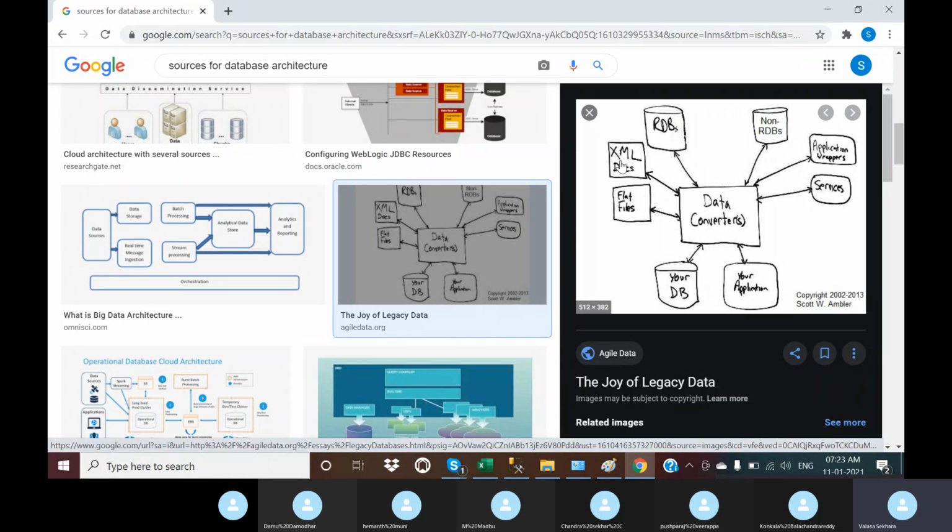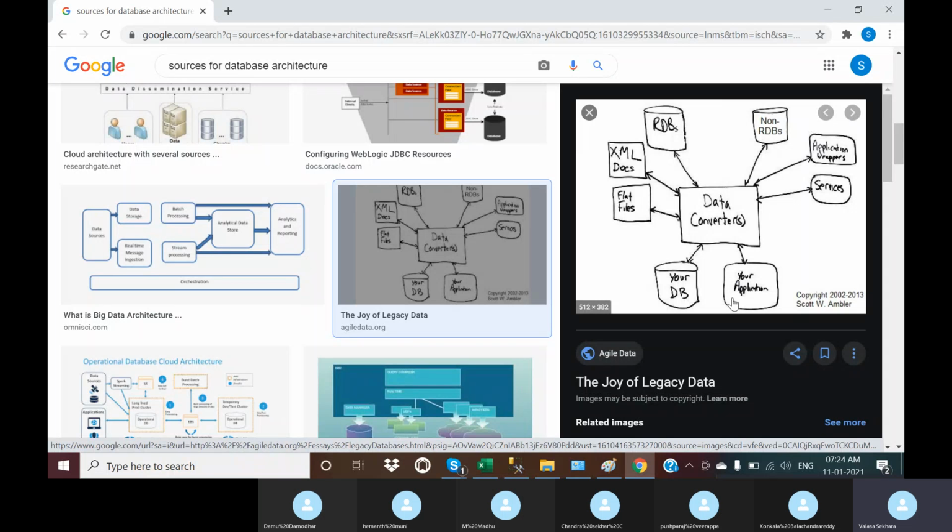XML is nothing but extended markup language. The data will come in the form of XML formats, and the data will come from a flat file. Flat file means text files or CSV files, whatever it may be. Sometimes your database itself will be the source. The data will come from the database, or sometimes from your application.